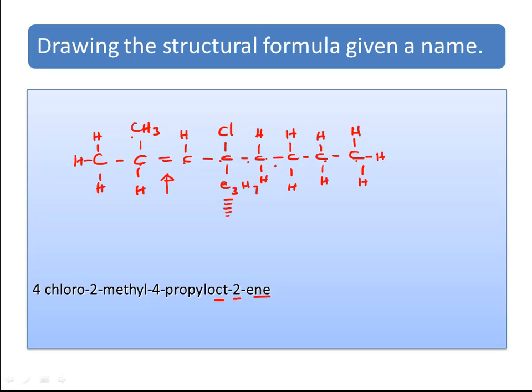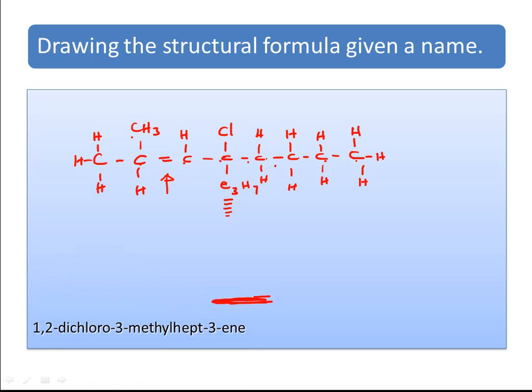That's a correct principal chain because it doesn't violate the name, because I'm still maintaining the 8 carbons in the chain, and also on the second carbon, that's where I've got my octene double bond. Now let's take a look at the last one.